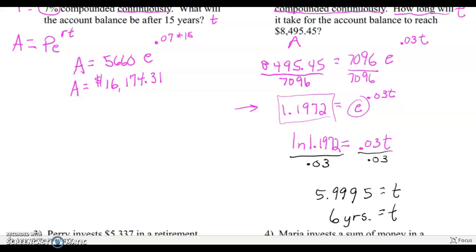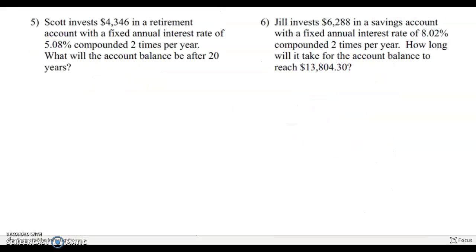I'll be right back. All right, I divided both sides by 0.03. So in Desmos, I took the natural log of 1.1972 divided by 0.03, and I got 5.9995, or 6 years.